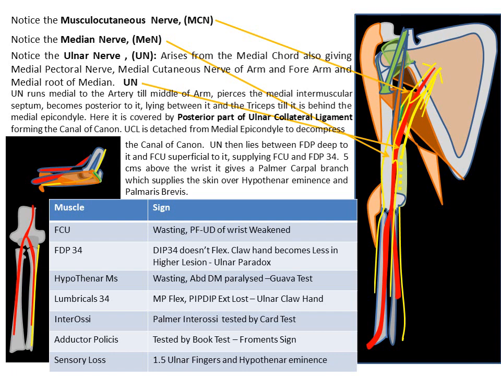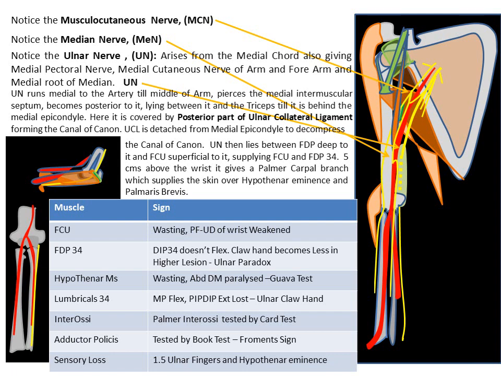Normally, a higher lesion should produce more deformity, but here the claw hand is being lessened by a higher paralysis. So this is called as ulnar paradox. It is because of the paralysis of FDP 3 and 4.